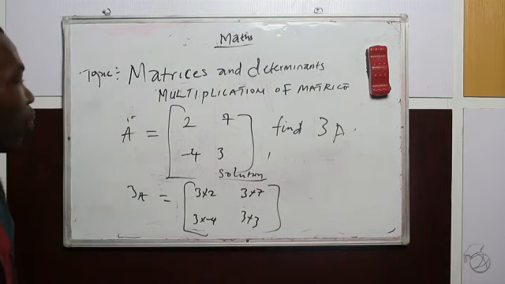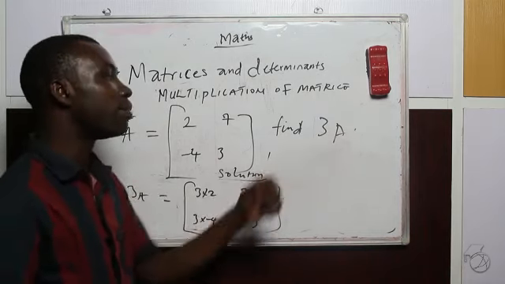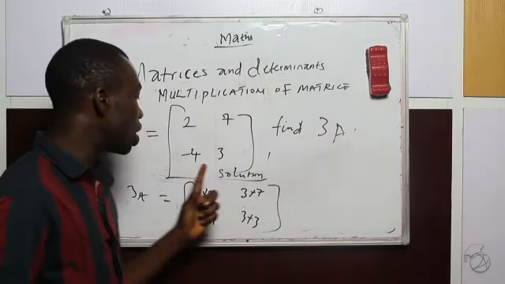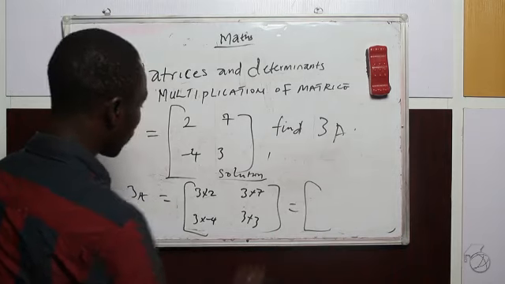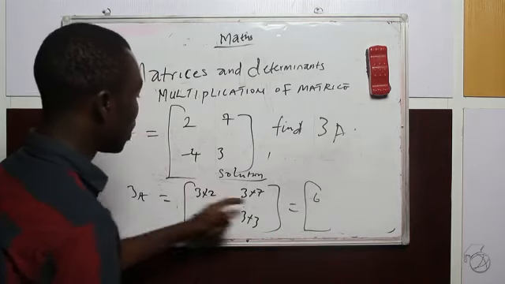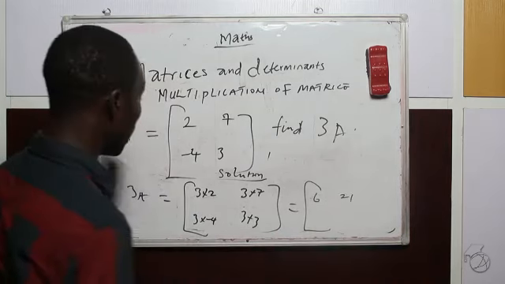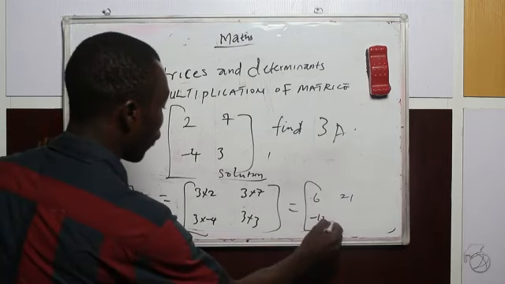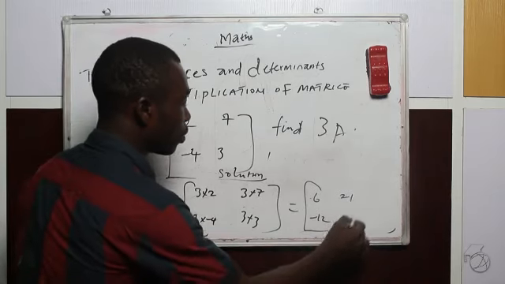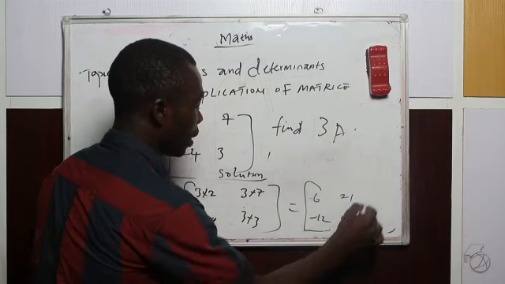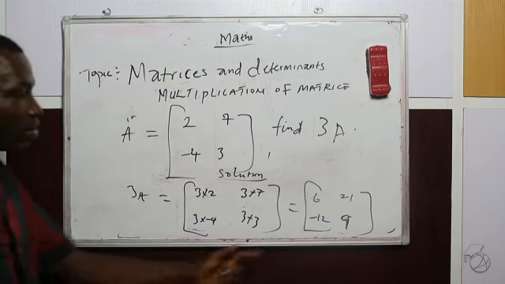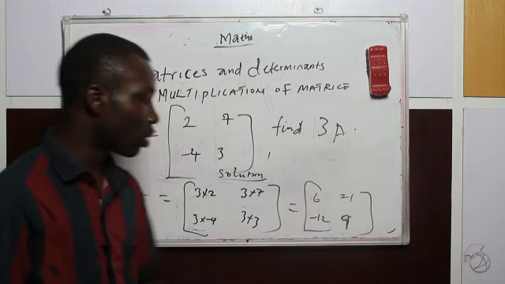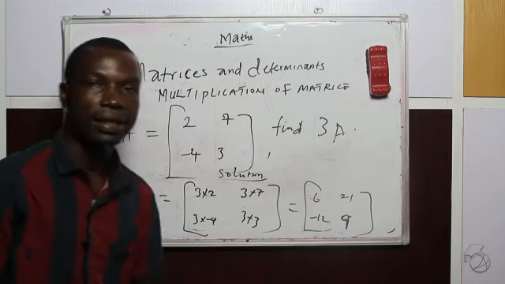The meaning of multiplication in 3A is that 3 affects each element in A, which is equal to 3 times 2, 6, 3 times 7, 21, 3 times minus 4, minus 12, 3 times 3 is equal to 9. Therefore, the element of 3A is equal to 6, 21, minus 12, and 9.